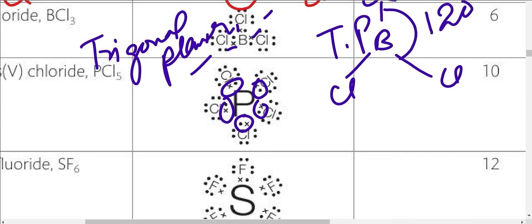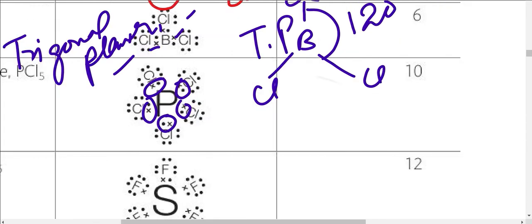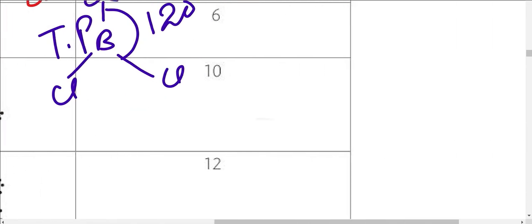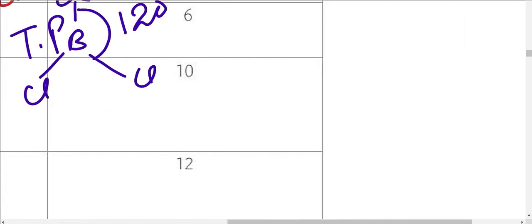First of all, if I draw phosphorus exactly in the center, I want you to please focus on this one now. These structures are very important. Phosphorus is exactly in the center. We'll arrange the same way, the way we were arranging. This is a trigonal planar.